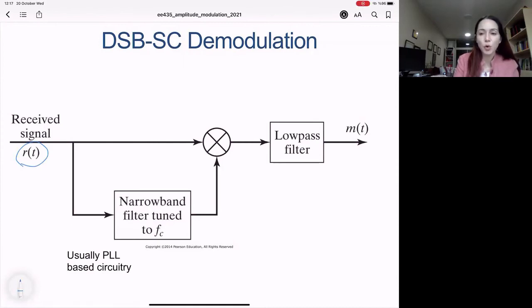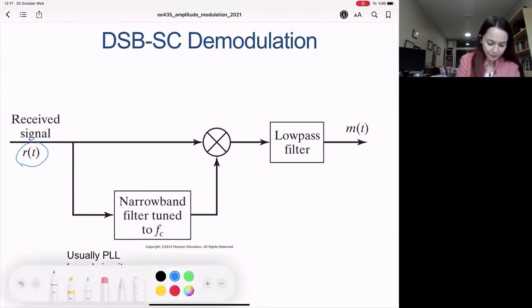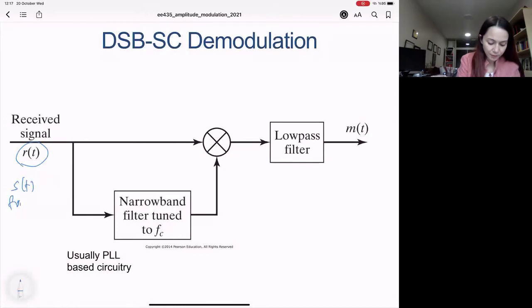In practice, it's always going to be different from the transmitted signal because it is going through some medium which has its own filtering and other issues, right? But suppose for now, the received signal is identical to the transmitted signal S of t. For now.